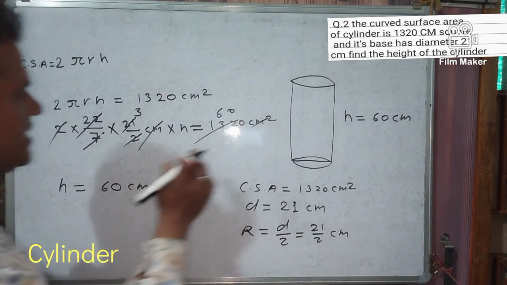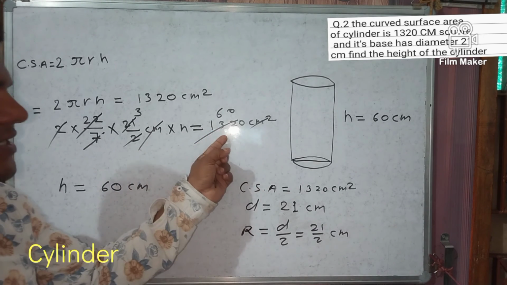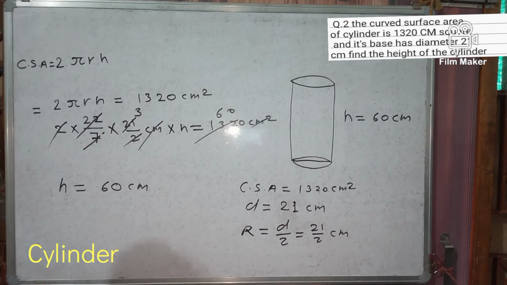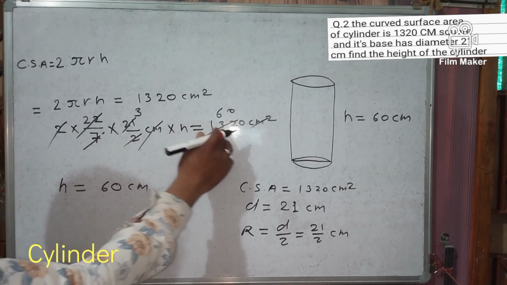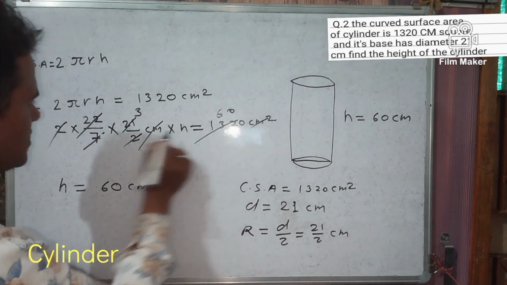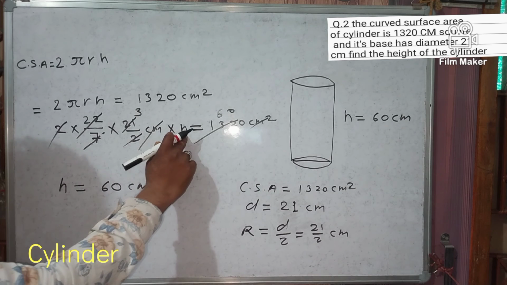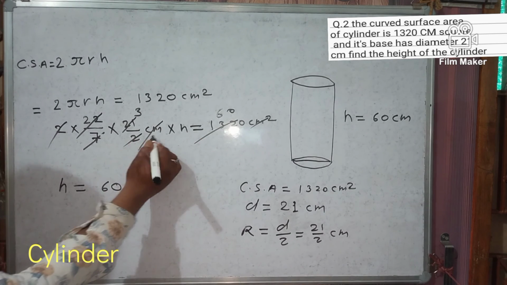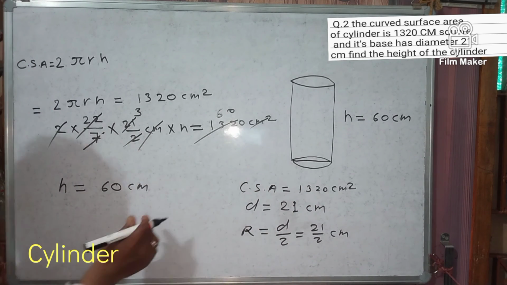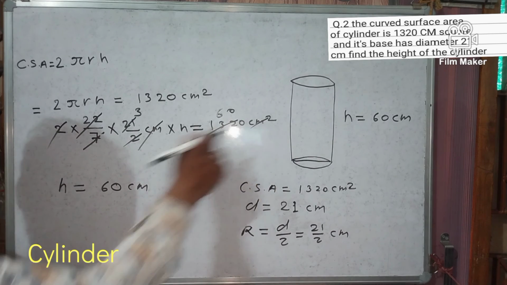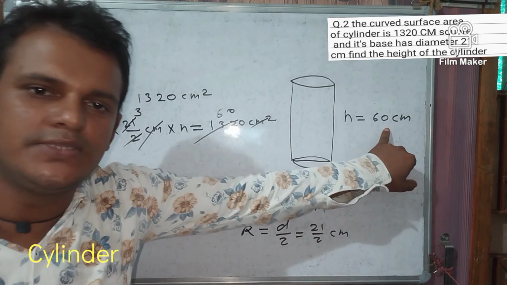H is missing, so our target is to find the h of this cylinder. So 7 threes are 21, 2 cancel, and 22 sixes are 132, and 0 here. So h is equal to 60 centimeter because 1 centimeter and 1 centimeter cancel. So the height of the cylinder is 60 centimeter.